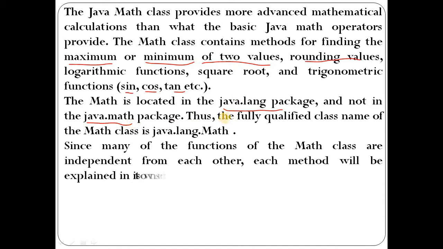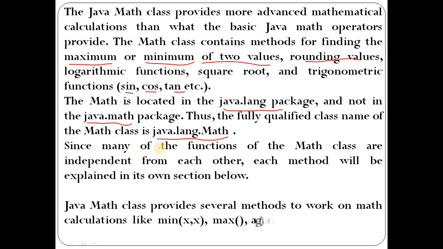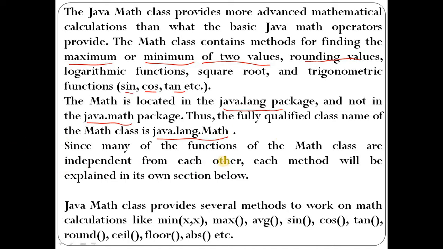Thus the fully qualified class name is java.lang.Math. Since many of the functions of the math class are independent from each other, each method will be explained in its own section.